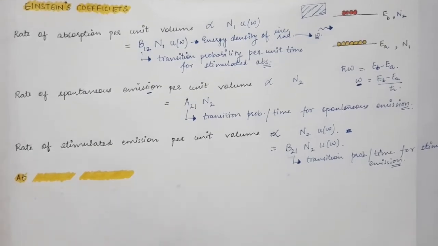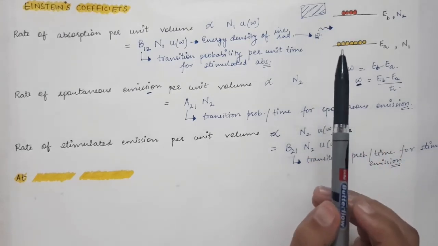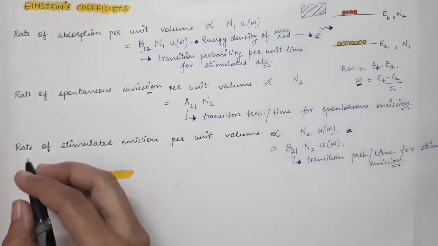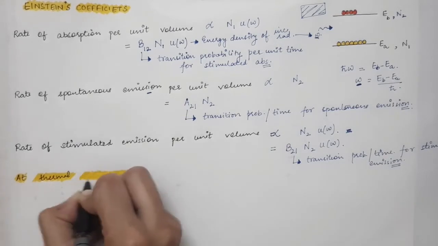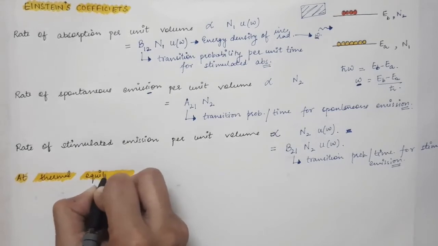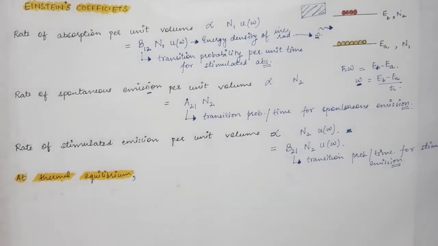Now we are looking at thermal equilibrium, because the gain medium will be kept at a particular temperature. At thermal equilibrium, what will happen? As in the case of black body, you have already studied that the rate of absorption is equal to the rate of emission.